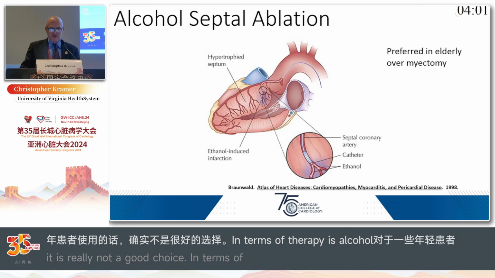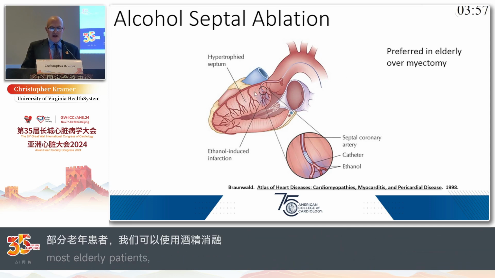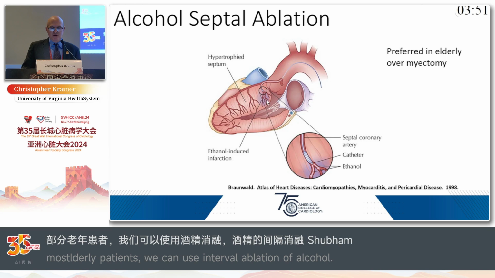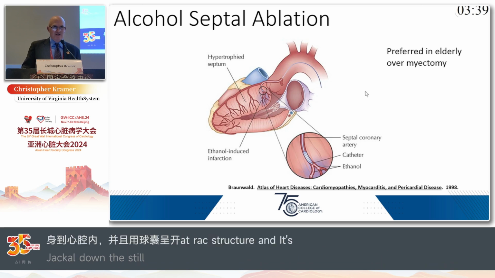Now, how does this work? The invasive cardiologist threads a catheter into the first and/or second septal perforator and blows up a balloon, injects alcohol down distal to the balloon. It's essentially a controlled infarct, and over the next several days, the basal septum thins, relieving the outflow tract obstruction. It's almost as good as myectomy.